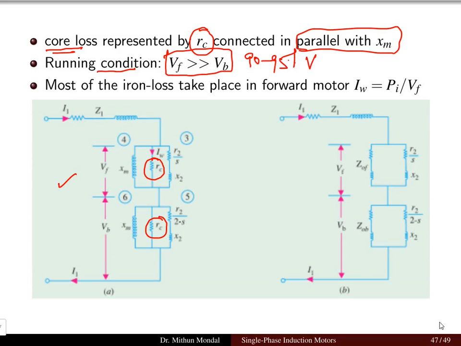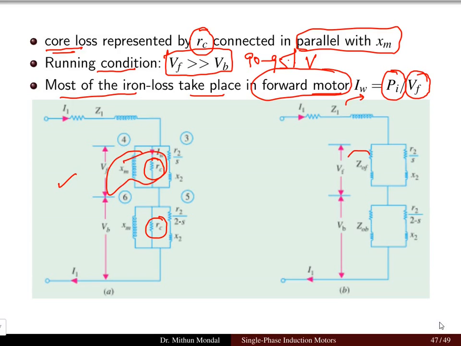So most of the iron loss generally takes place in the forward motor. It means that when we compute the iron loss, we have to take the voltage of the forward condition. So the current is given by Pi by Pf. Now here, in this part of the network, we can easily obtain the driving point impedance ZOF under the forward condition, and this is under the backward condition. So these parts remain the same. So we can still break down the circuit into a much better form.